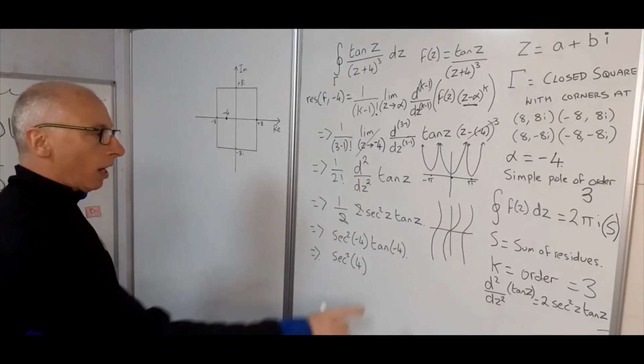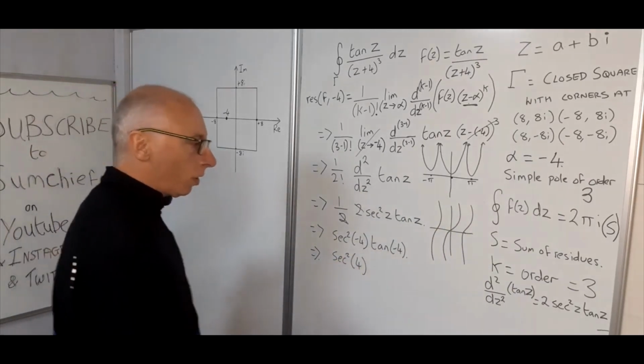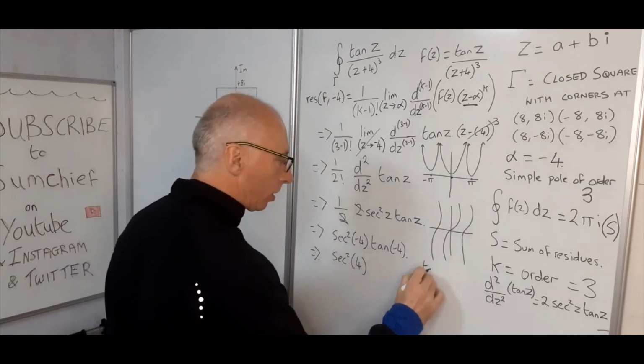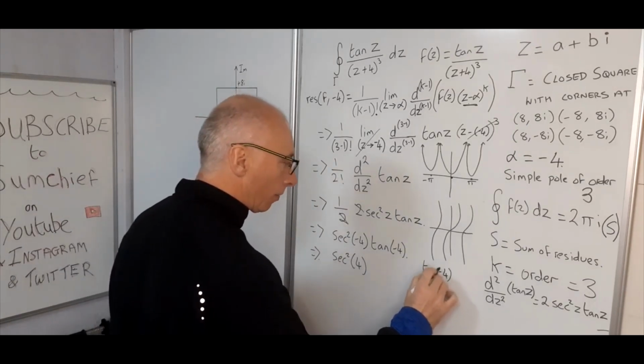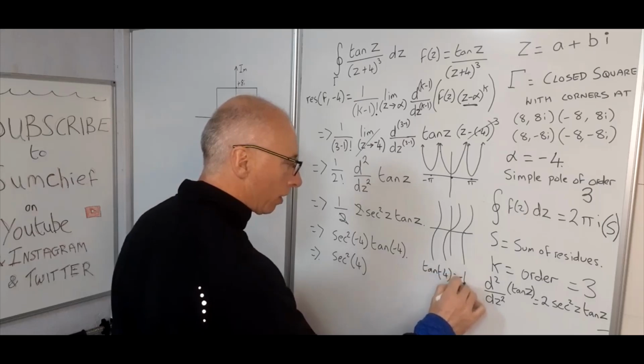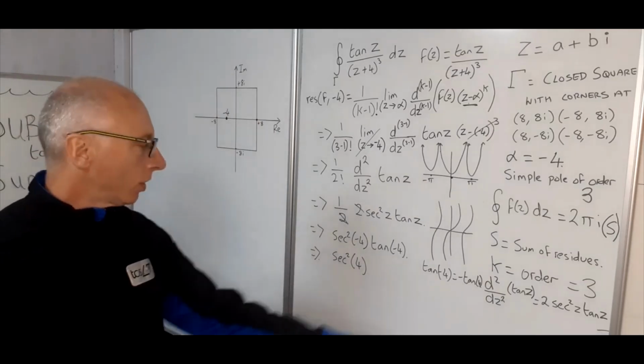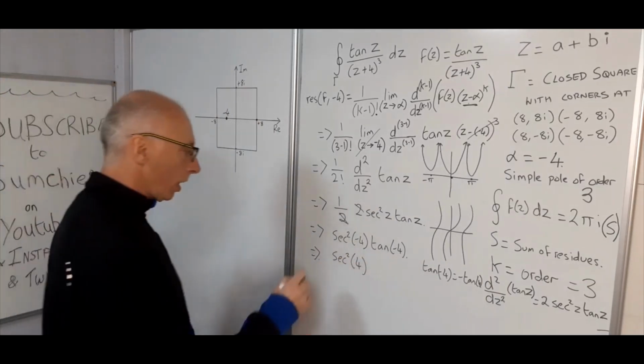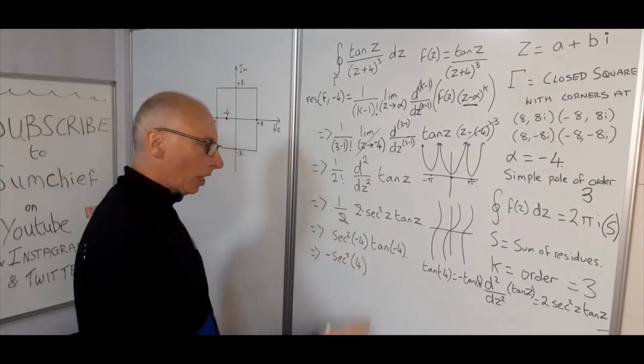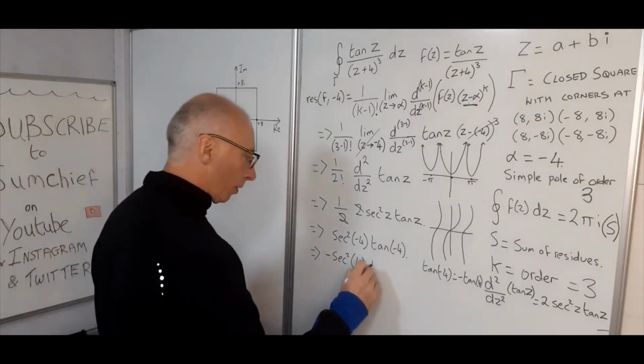So that means our function tangent at -4 equals minus tangent 4. So that's our trig identity we can use here for tangent. So now what we can do is bring a minus out front and then tangent 4.